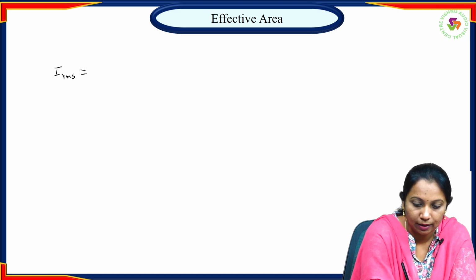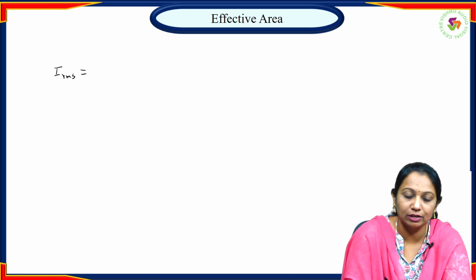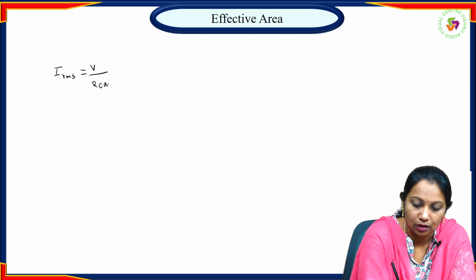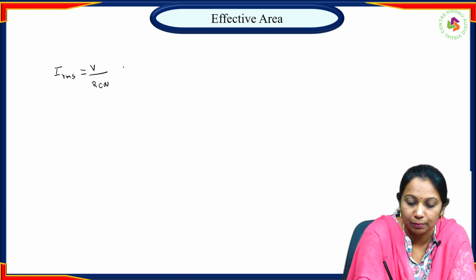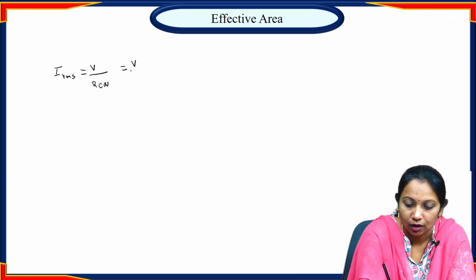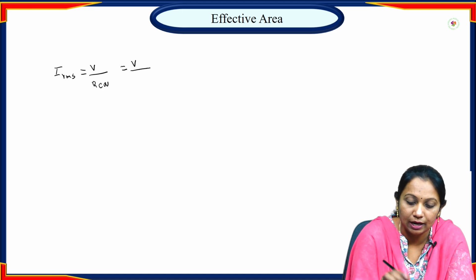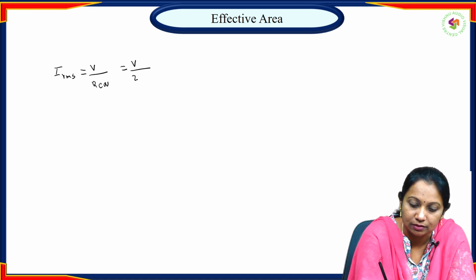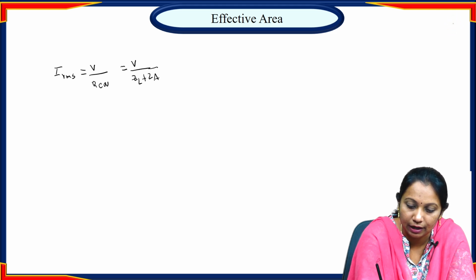So I square RMS is equal to the Thevenin's voltage V by equivalent resistance R. So it will be written as V by, this R is nothing but the equivalent impedance. So this will be written as ZL plus ZA. Why?